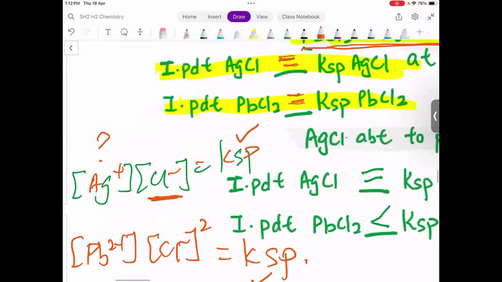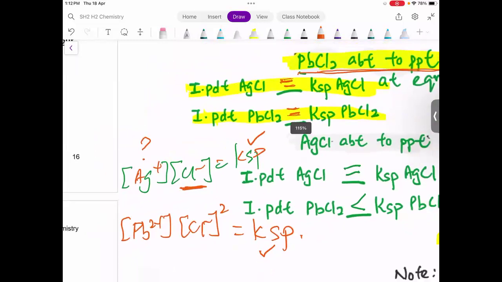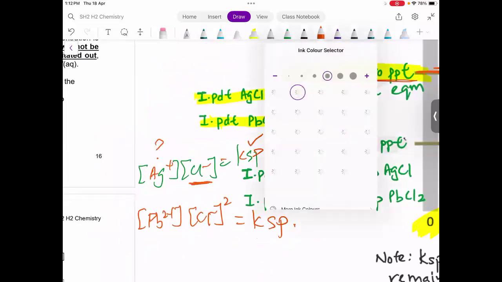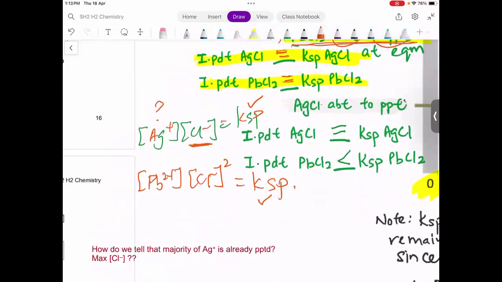So it goes back at the same Ksp point. In other words, you must recognize that this is very important. Your lead chloride is about to precipitate. So when it's about to precipitate, is any of your lead 2 plus precipitated? No. Then do you know the concentration of this? What is the concentration of lead 2 plus according to the question?